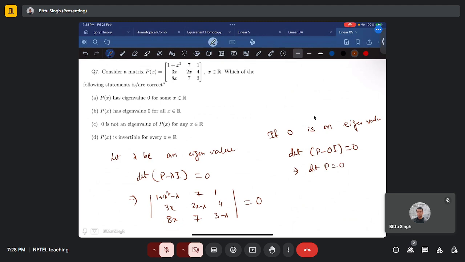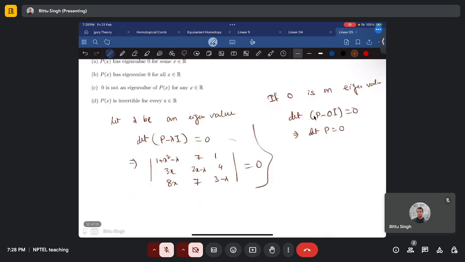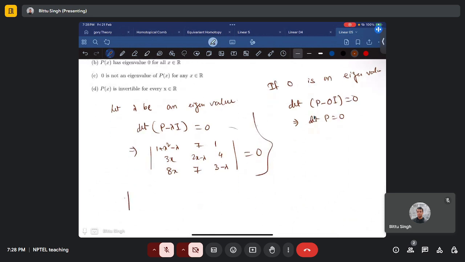So instead of writing all of these things, we can simply write that 0 is an eigenvalue if and only if this determinant is 0: 1 plus x square, 7, 1, 3x, 2x, 4, 8x, 7, 3. This determinant should be 0.